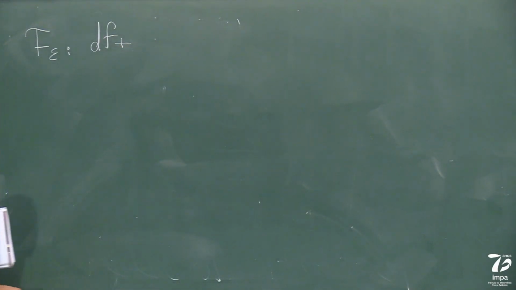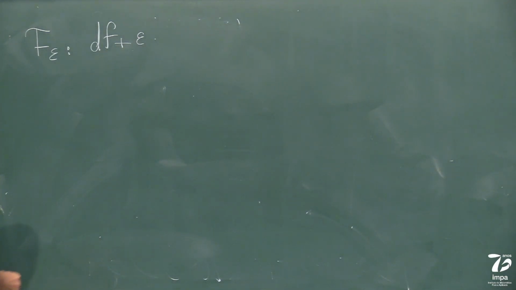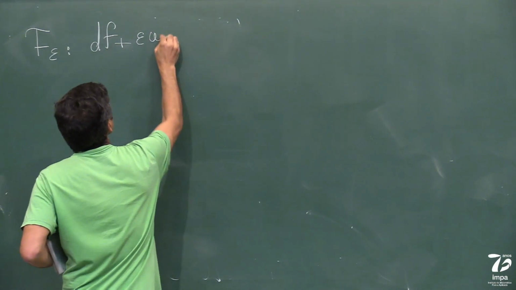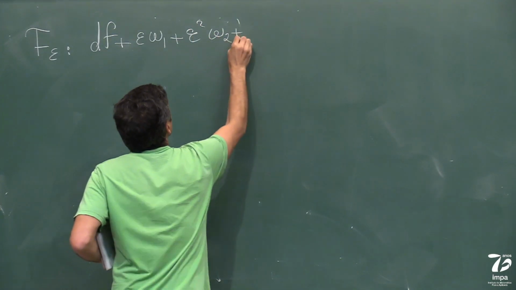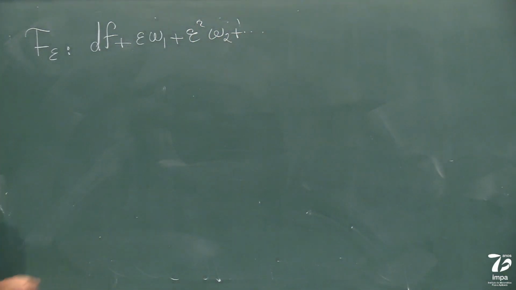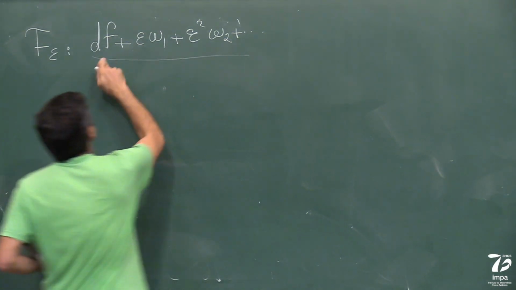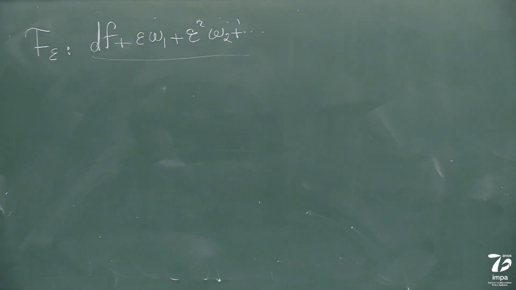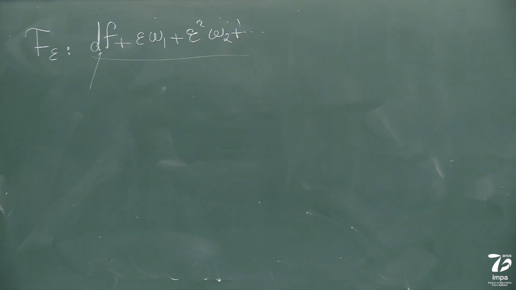I will use this notation, but in Mardešić and Cullen's notation, it was eta. Epsilon will be a very small parameter. So the idea is that I will take this one-parameter family of foliations passing through dF, and let's see what happens to the original foliation.